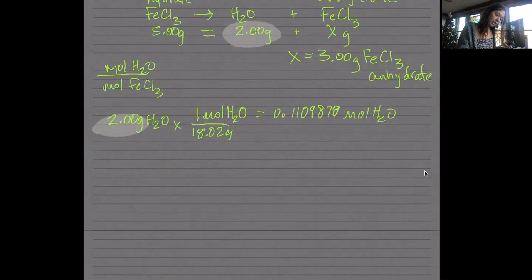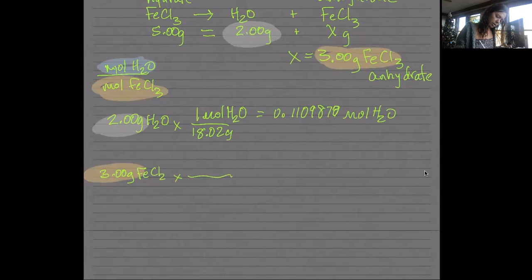I now need to get my moles of iron 3 chloride. So I'll get the anhydrate, right? This would look like that if we're being consistent. So I will take my 3.00 grams of iron 3 chloride and convert it to moles of iron 3 chloride.